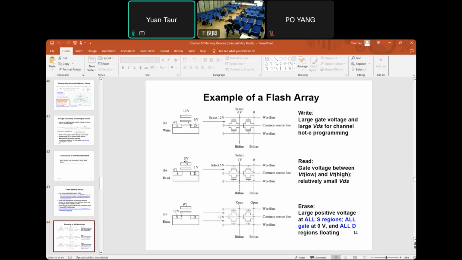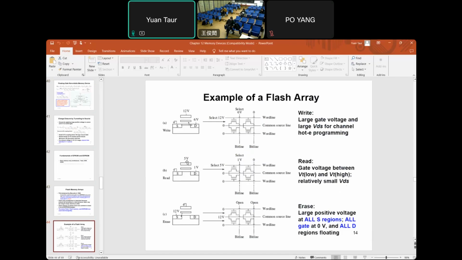The gate is operated at 5 volt, so that if there's no charge, okay, remember that if there's charge, then the VT is high.